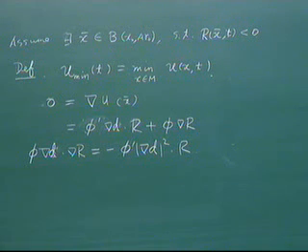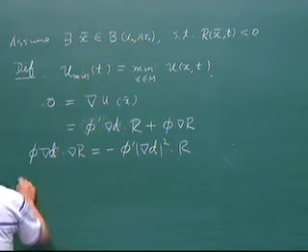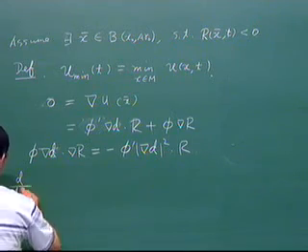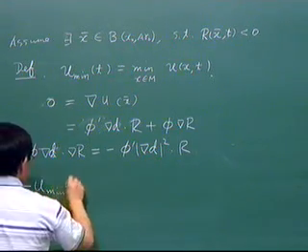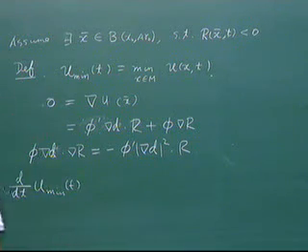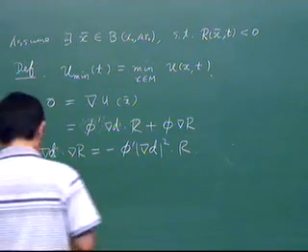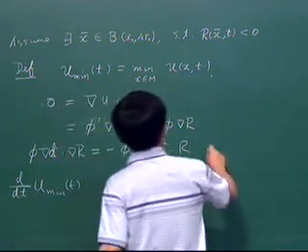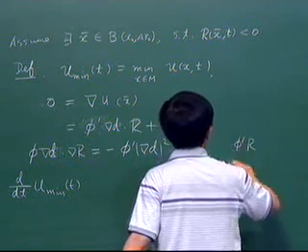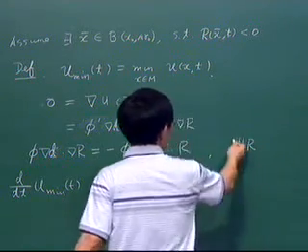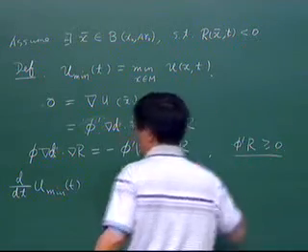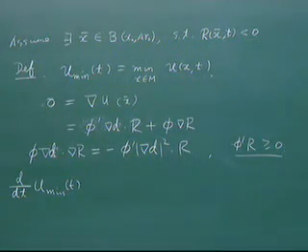So finally, we can write down d/dt of u_min. Since the Laplacian at this point is non-negative, and also we know that at the point phi prime is negative, so it is non-negative, we can apply this inequality.